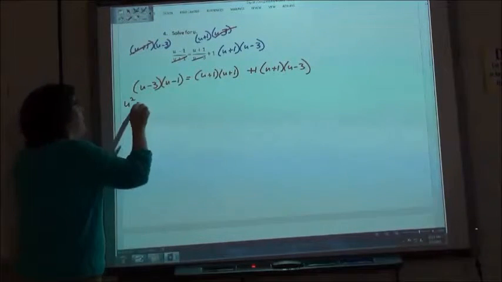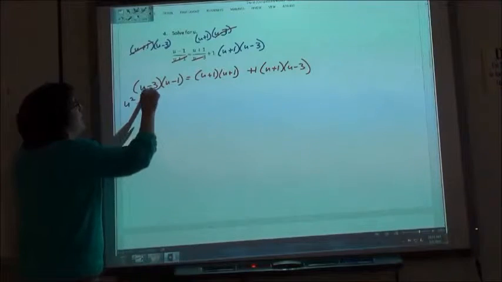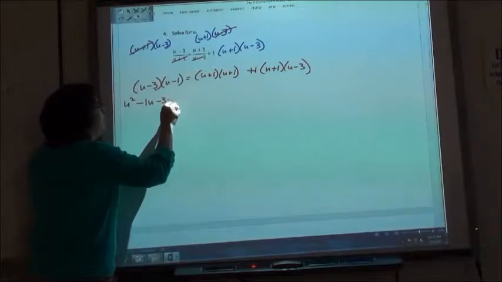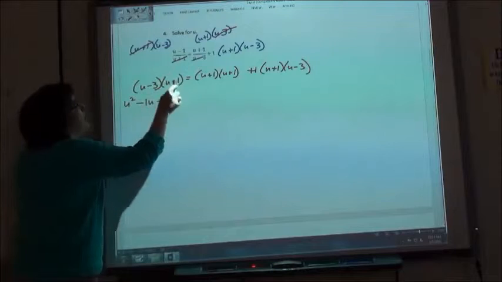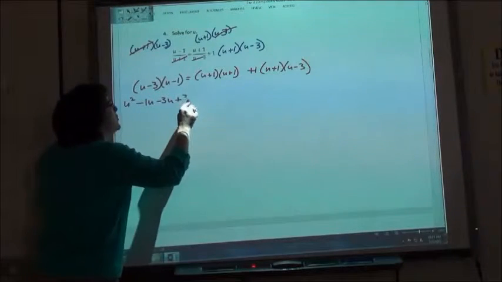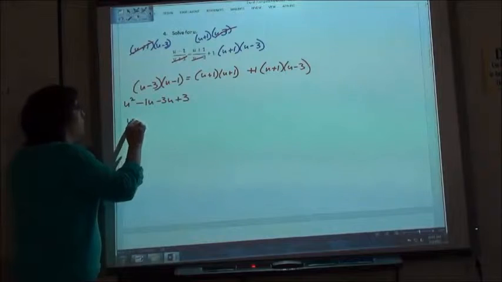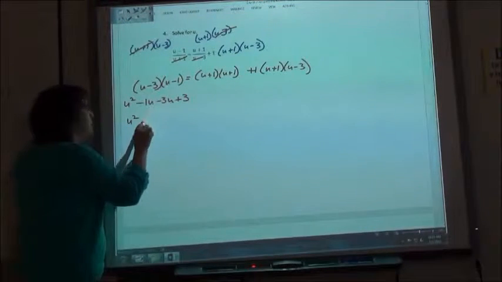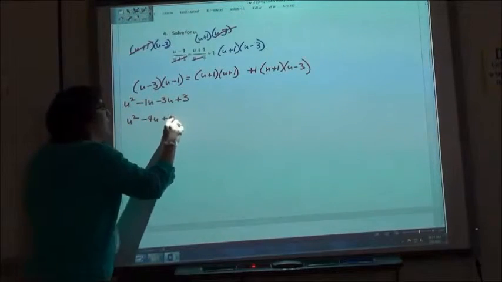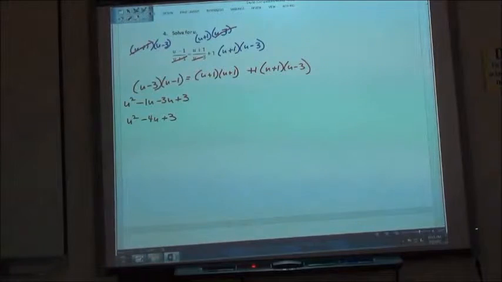My outside minus 1u, my inside minus 3u, and then a minus 3 times a minus 1 plus 3. I still can combine those two middle terms, so simplifying that, I'm going to get u squared, negative 1 minus 3 would be minus 4u plus 3. So I've done that side as much as I can.